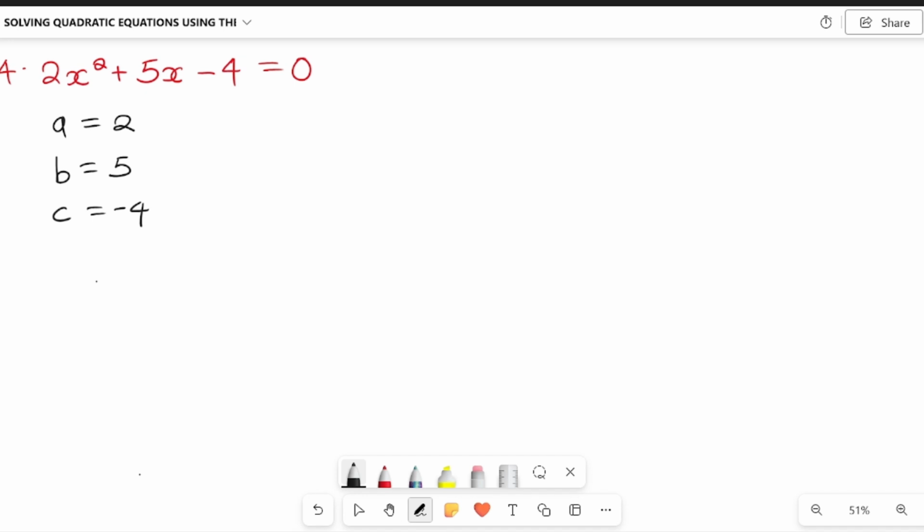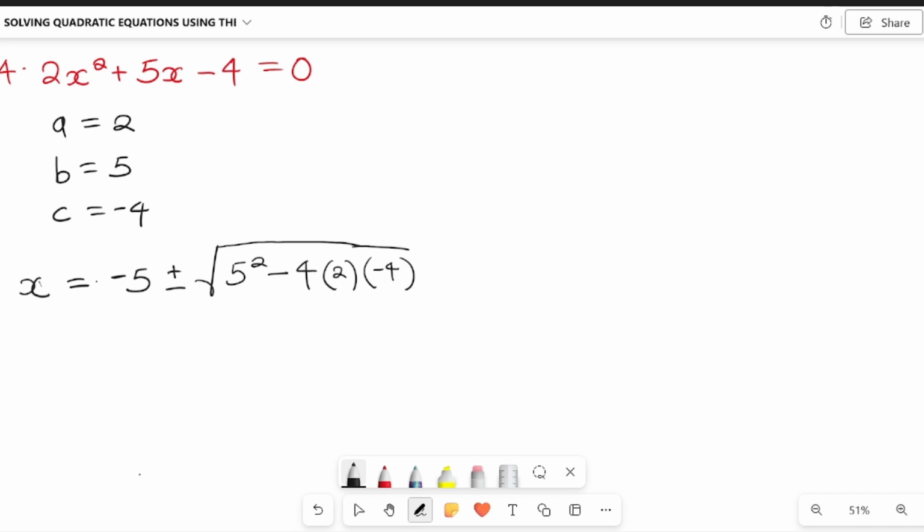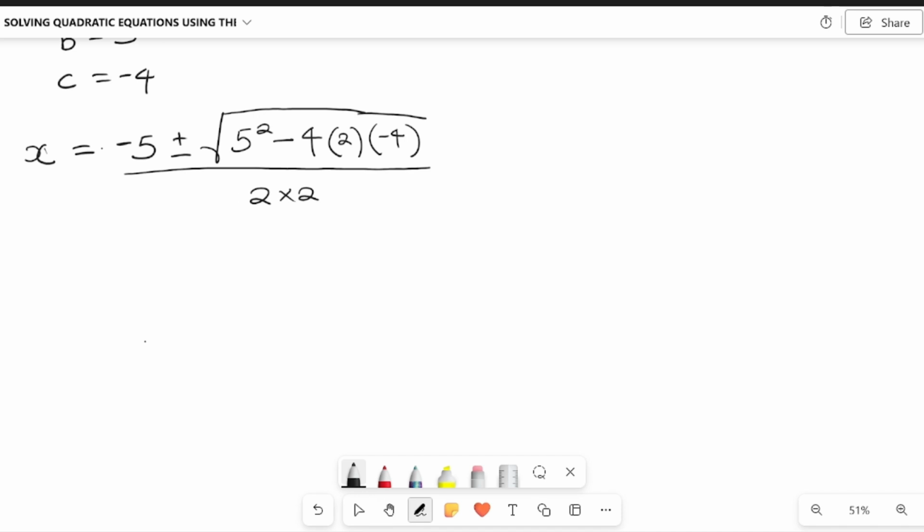Writing these in the quadratic formula, we'll have x equals negative b, which is negative 5, plus or minus the square root of b squared, which is 5 squared, minus 4ac, which is 4 times 2 times negative 4, all over 2 times a, which is 2 times 2. Now, working out what's inside the square root first, we'll have 5 squared minus 4 into 2 into negative 4.